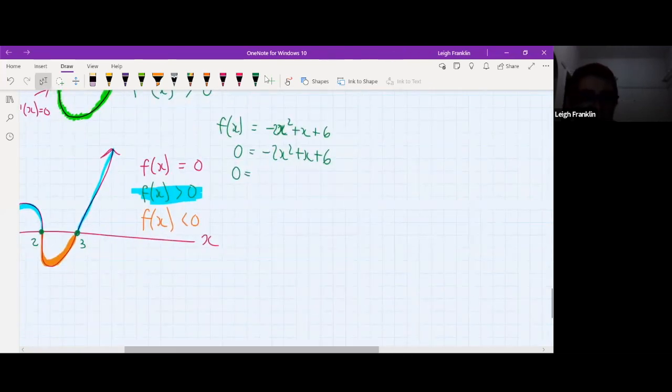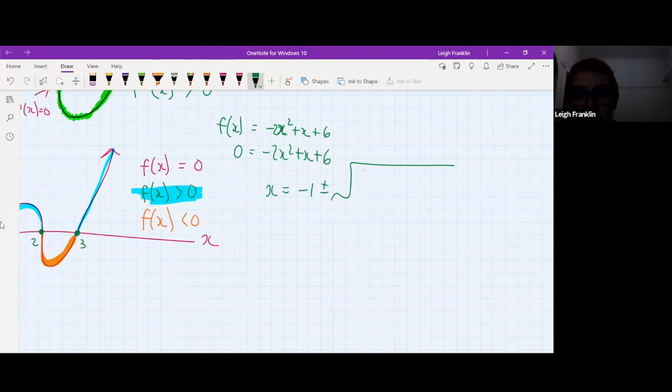So x is going to be equal to negative b plus or minus the square root of b squared minus 4ac, all over 2a.